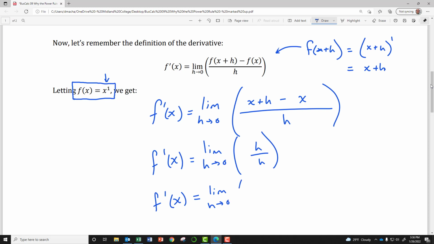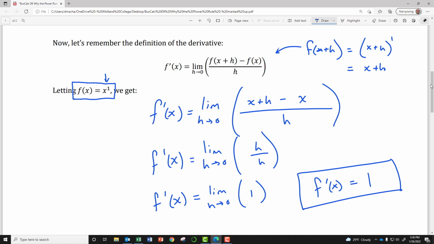So we can simplify this limit even further and say that this is just the limit as h approaches 0 of the number 1. And the limit of a constant, since I don't see any h's appear in my simplified version of this limit, must be the constant number 1.